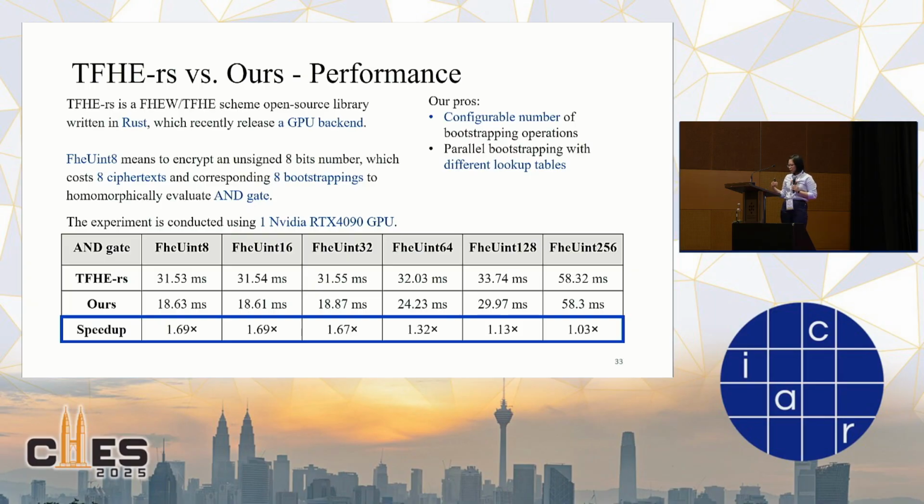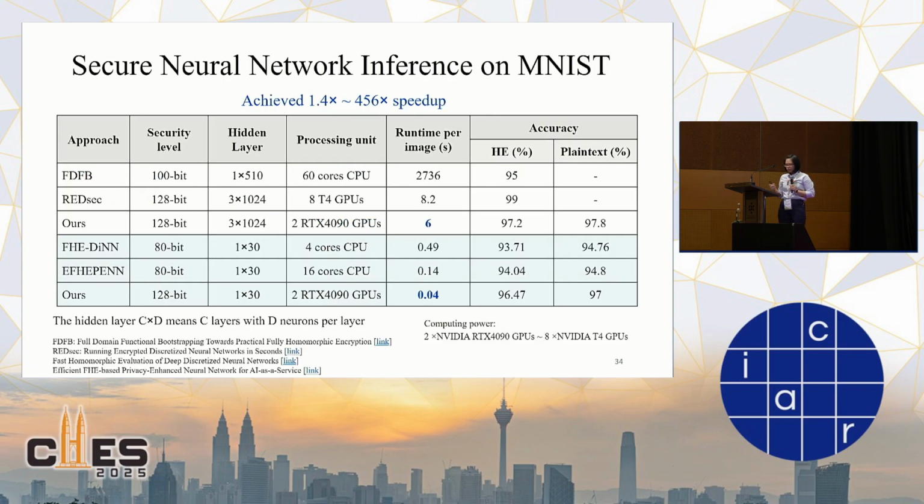Beyond speeding up bootstrapping, we apply our method to real-world applications like secure neural network inference and private decision tree inference. For secure neural network inference, we apply our method on MNIST.